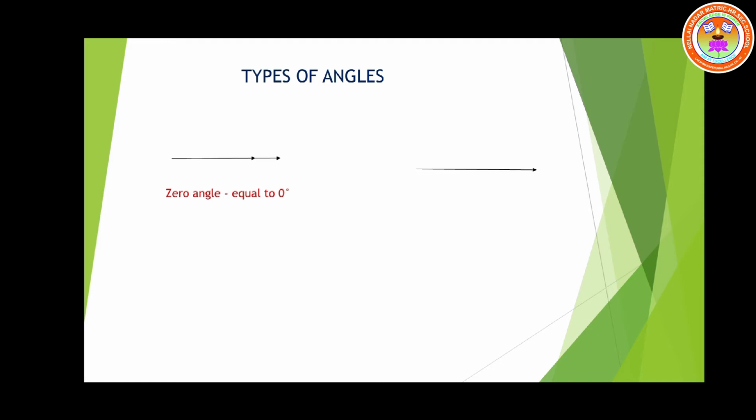Next, another ray is there and one more ray. When two rays meet at a point, an angle is formed. What kind of angle is this? It is an acute angle. It is more than 0 degrees and less than 90 degrees. Yes, you have learnt all this.